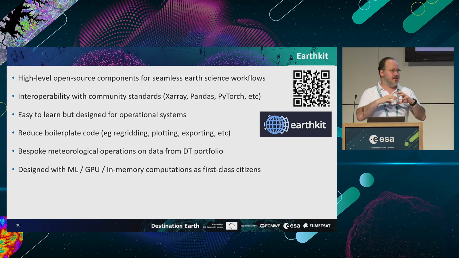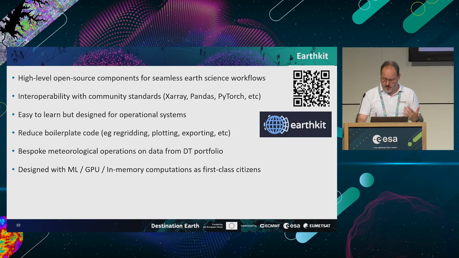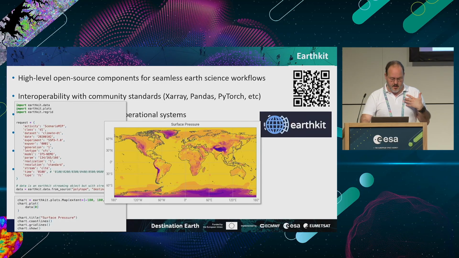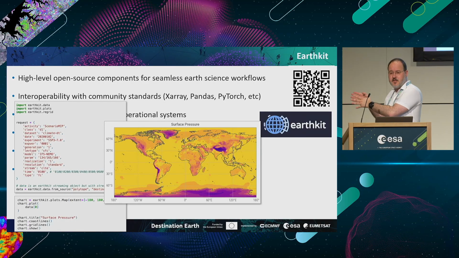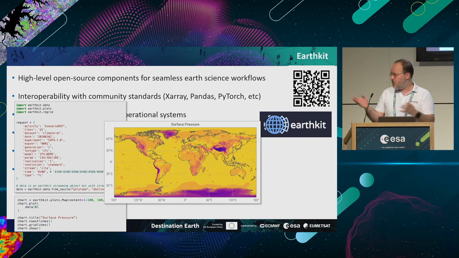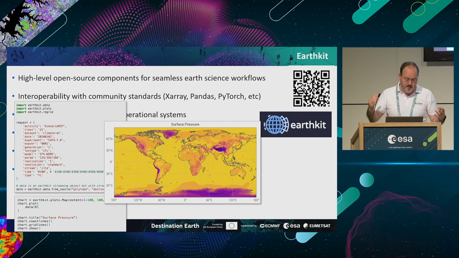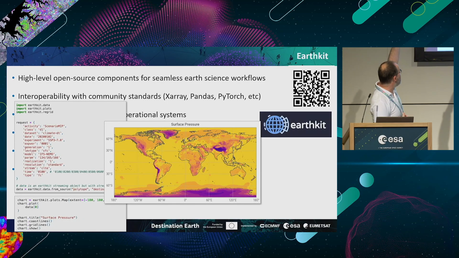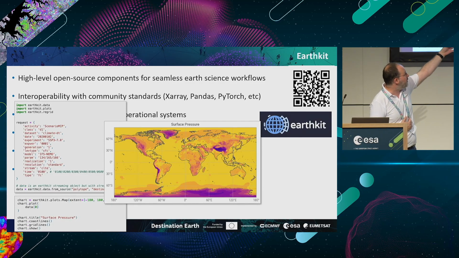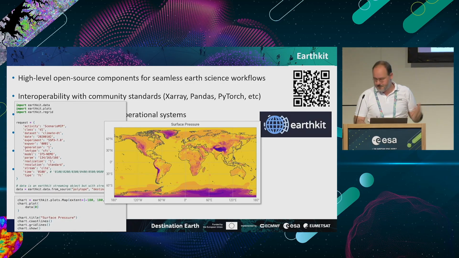So it is designed to quickly get the data in memory, process it with minimal disk I/O and so on, so that you can be very efficient in your work. And we have this integrated with HDA, we have this integrated with Wekeo, thanks to EUMETSAT. The idea being, you write your code, and in a few lines, you can get the data from DestinE, and you can plot it.